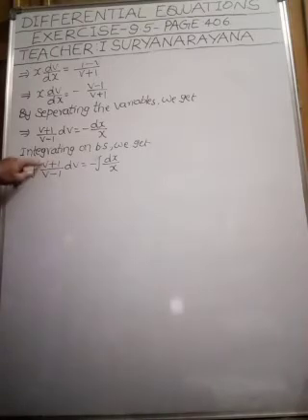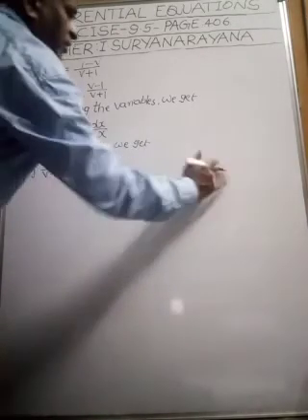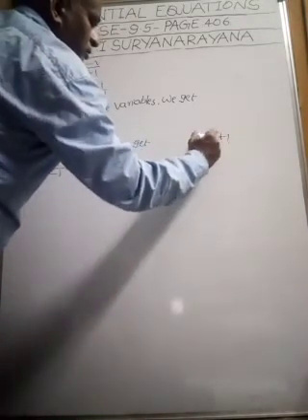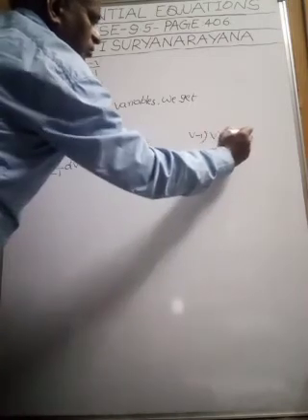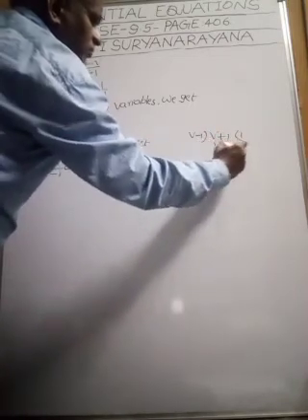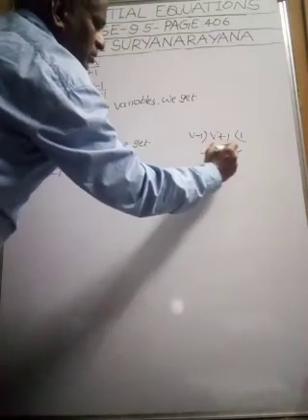If you observe this integral, it is an improper rational function, because this is a polynomial in v, this is also a polynomial in v. Degree of this polynomial is 1, degree of this polynomial is also 1. So here let us split into two fractions by dividing v plus 1 by v minus 1. How many times? v minus 1. So what will we get?